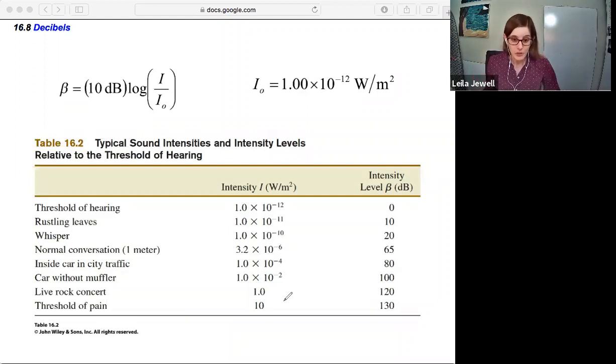Threshold of pain is 10 watts per square meter, which comes out to 130 decibels. So notice, as the intensity increases by a factor of 10, 10 times more intense, the number of decibels only increases by adding 10, 120 to 130. That's part of being a logarithmic scale. Let's try out an example of this.